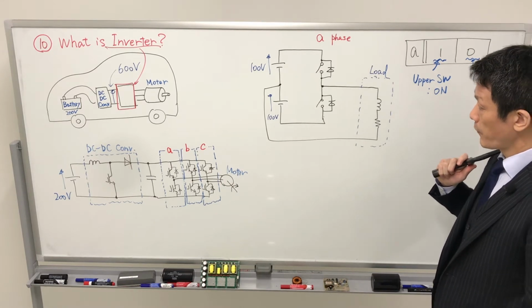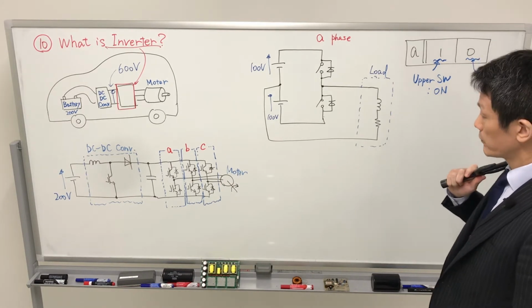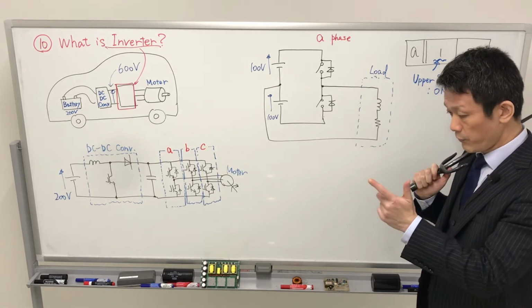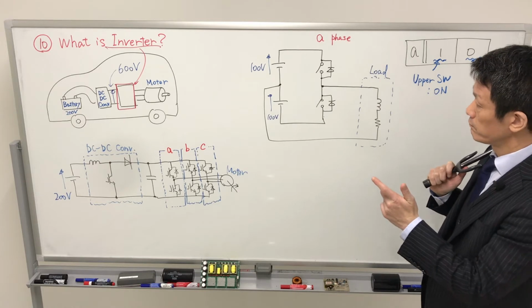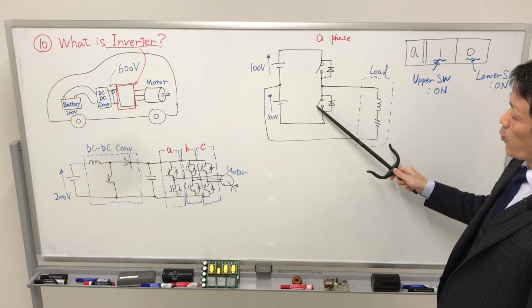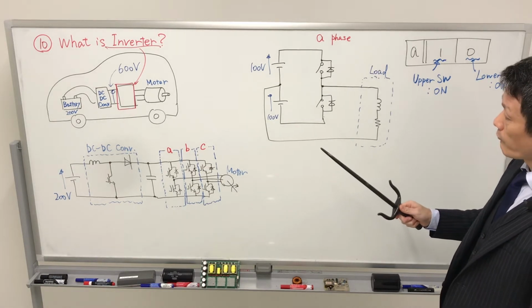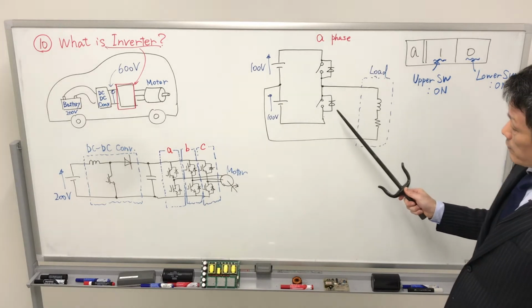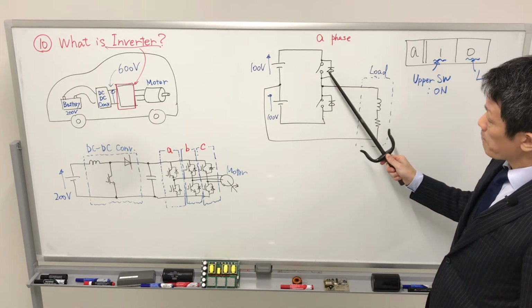For this single phase inverter, the switching timing is only two patterns. One pattern is the upper switch on and lower switch off. The other is the lower switch on and upper switch off.